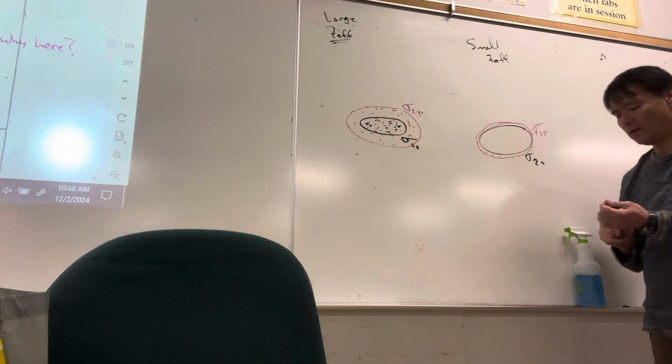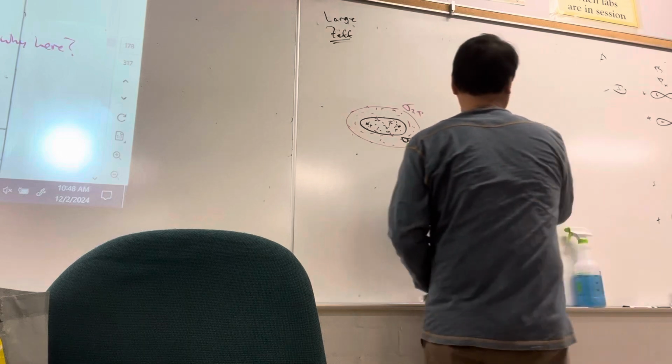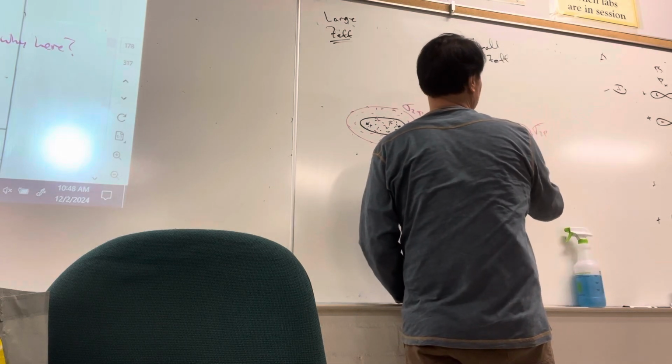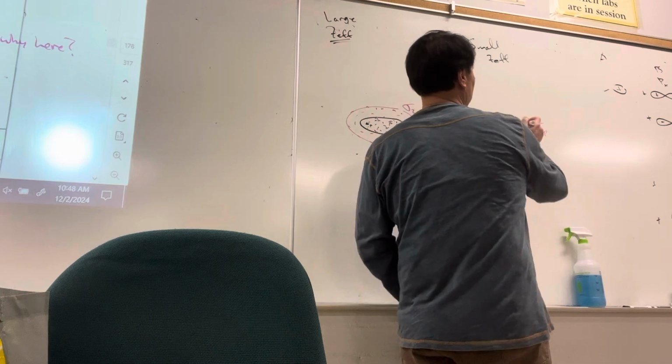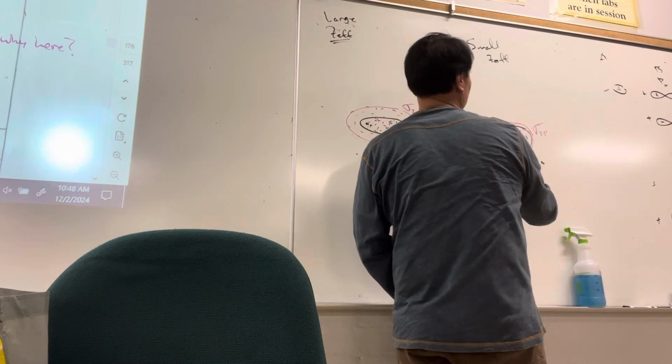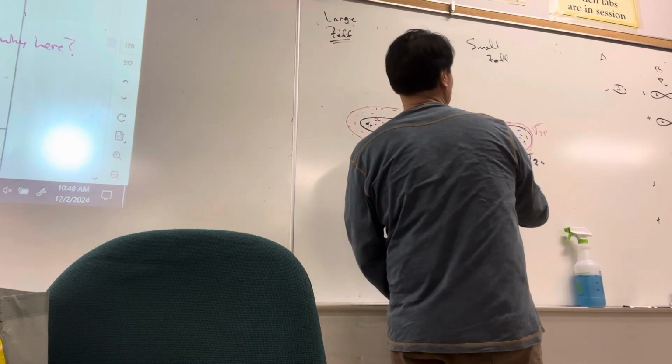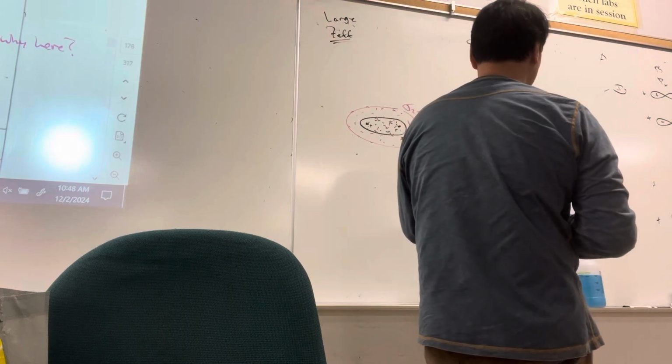And so what happens here is that the 2s cloud and the 2p cloud are occupying the same volume. And we get repulsion.